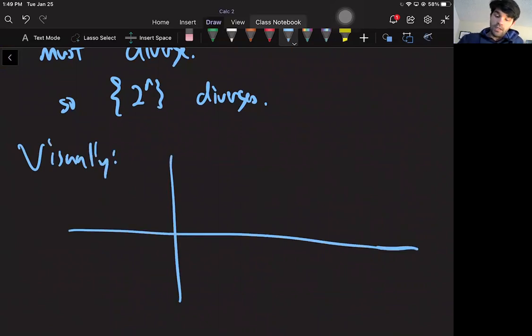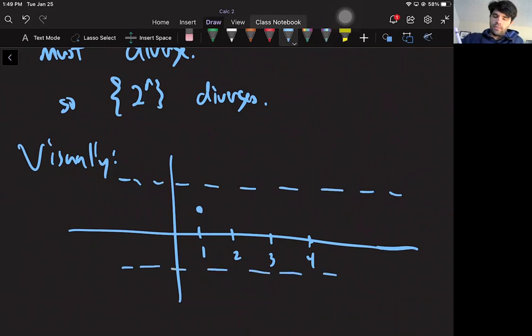The terms in the sequence are like little dots that you get by plugging in whole numbers, 1, 2, 3, 4, and so on. If they don't have a bound above and below, then that means one of 2 things.